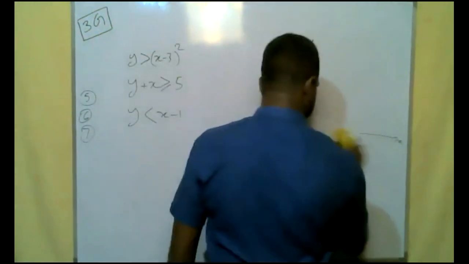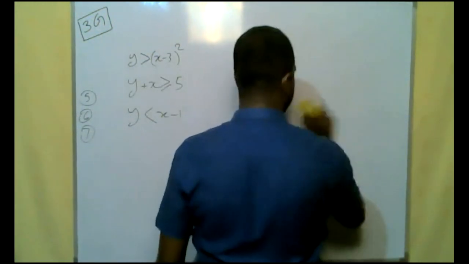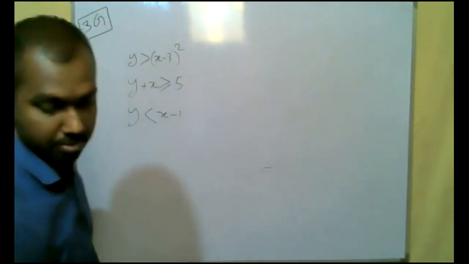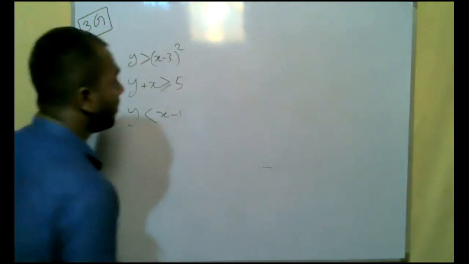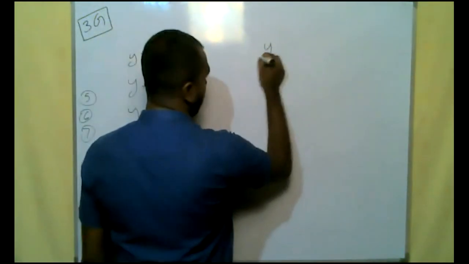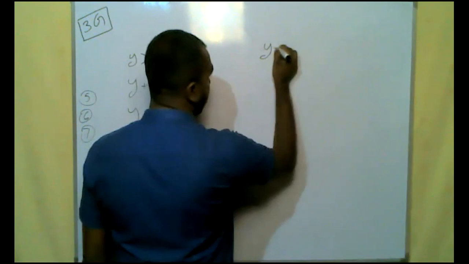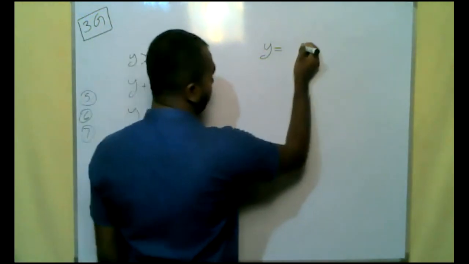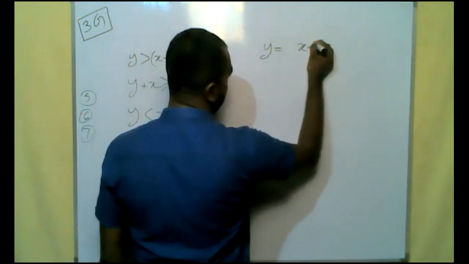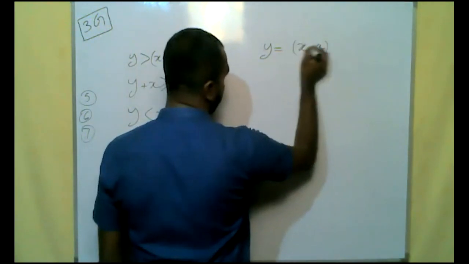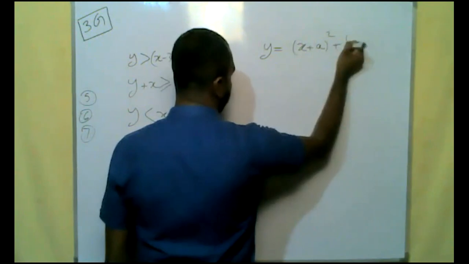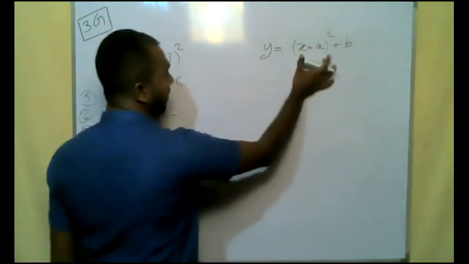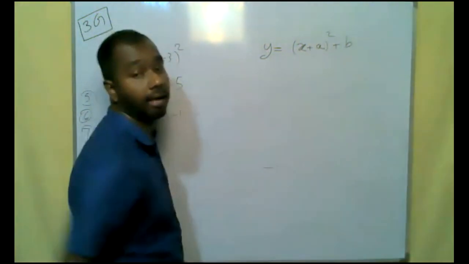How to do this question. If I'm going to do a little theory part, not a new theory part, I'm going to make you remember. If the equation of a curve is in the format y equals (x plus a) squared plus b, the part inside the bracket gives you the axis of symmetry.